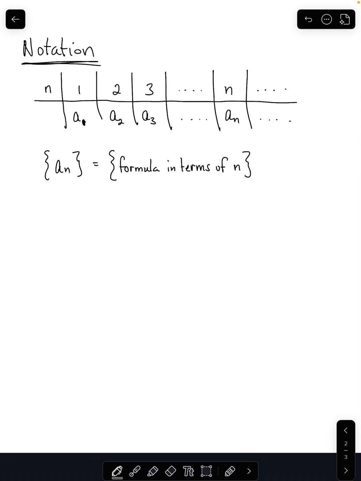An alternative to this notation sometimes includes, much like summation notation, an acknowledgement of the initial value of n and the final value of n, which in this case is infinity.